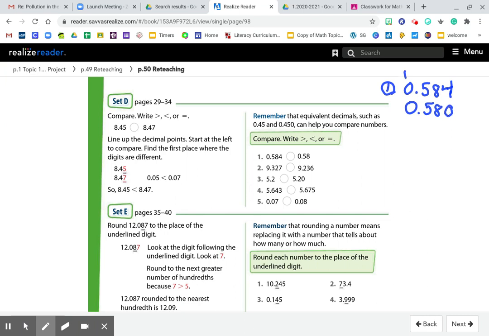So starting with the largest place value, they both have zeros in the 1's place. They both have 5s in the 10ths place. They both have 8 in the 100ths place. So I have to look all the way to the thousandths. So 4 is bigger than 0. So I'm going to say 584 thousandths is greater than 58 hundredths.